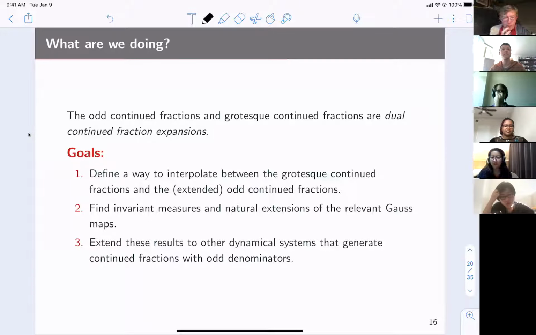We are going to define a way to interpolate between them. We want to then find invariant measures and natural extensions, because once you start doing that, the invertible becomes a really, really nice tool to have. And then try to extend these results. So we've extended them some.